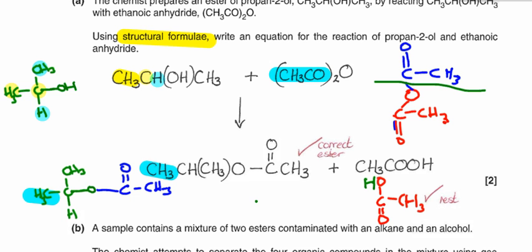I've got this carbon in the center, which is bonded to that C, which is this part here. I've got my CH3 on top there, which is that part there and that part there, and then I think from there it's fairly clear that this O corresponds to that O. We've got a C double bond O, and we finish off with the CH3. I suggest with that question, if you're not confident with structural formula, you draw it out displayed first, and you check that everything is okay afterwards.